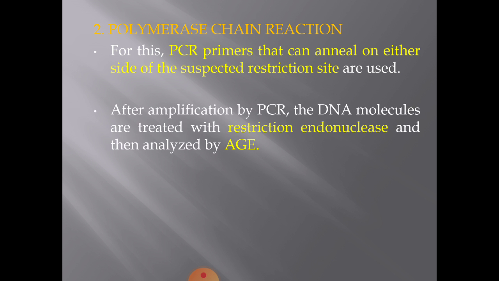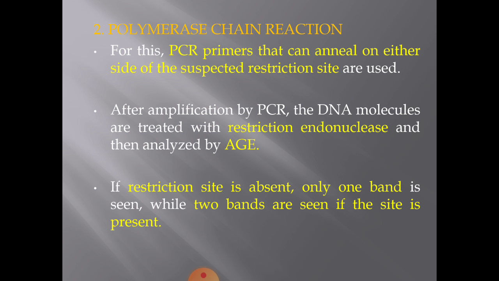Then after amplification by PCR, the DNA molecules are treated with restriction endonuclease, same step, and then analyzed by agarose gel electrophoresis, same step. If the restriction site is absent, only one band is seen. If the restriction site is present, then you can see two bands.